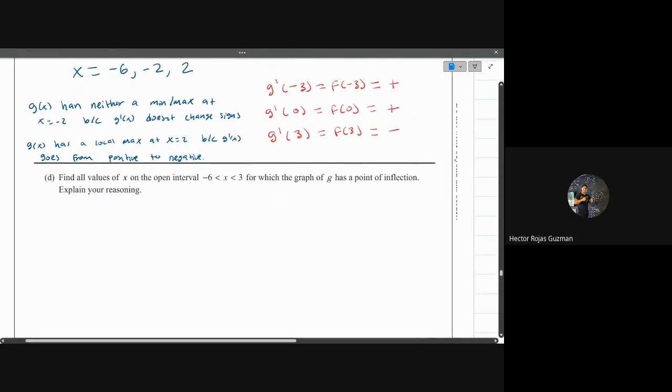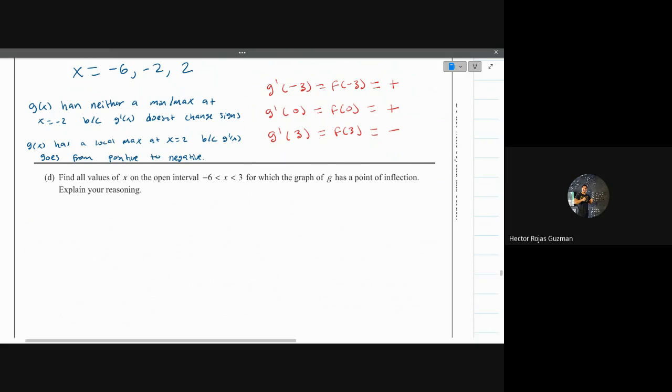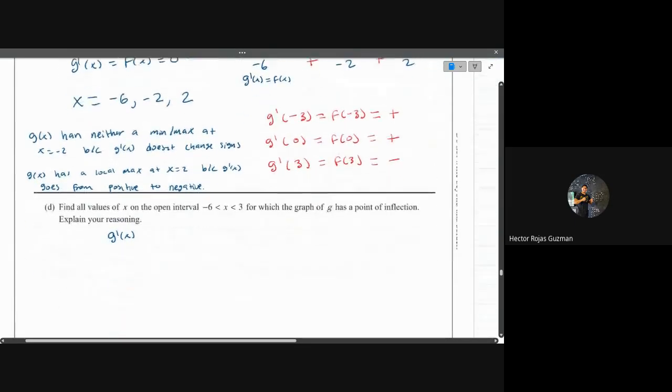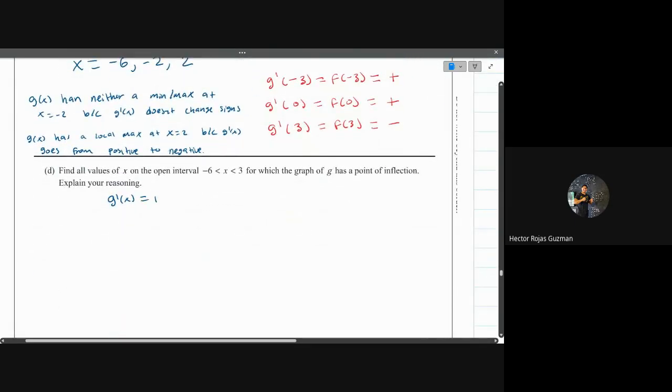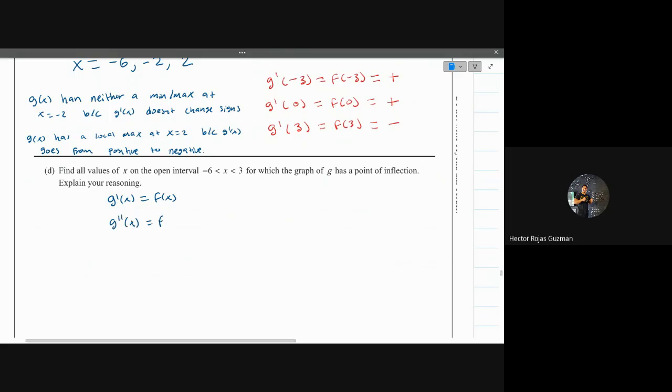D. Find all the values of x on the open interval where G has a point of inflection. Okay. It's basically the same question, right? So we left off by saying that the derivative was f of x, right? Yeah, f of x. So my second derivative is f prime. We set it equal to 0.